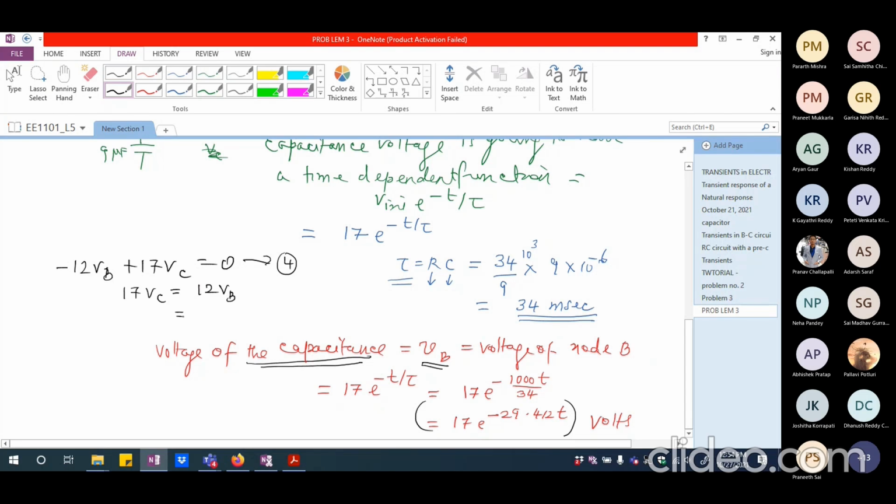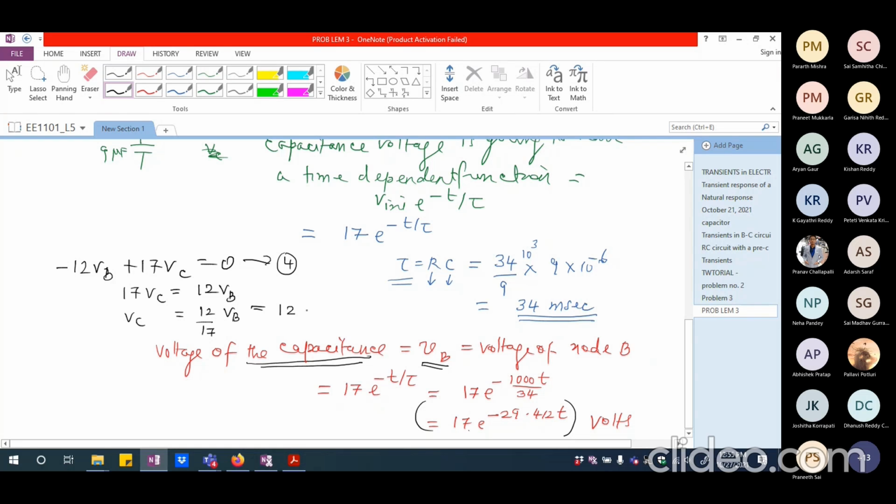So I have to just say VC equal to 12 divided by 17 multiplied by VB. So I can directly say this 17 I can remove. So 17 and 17 get cancelled.